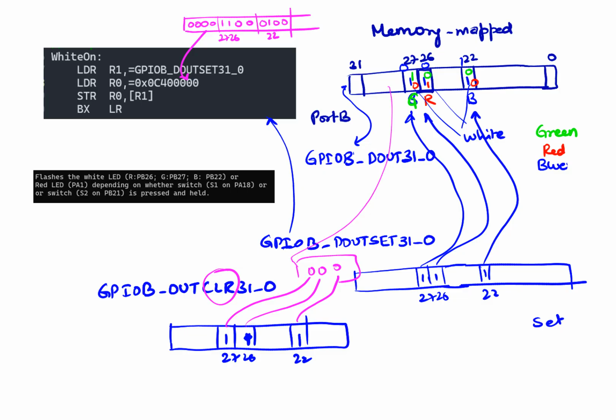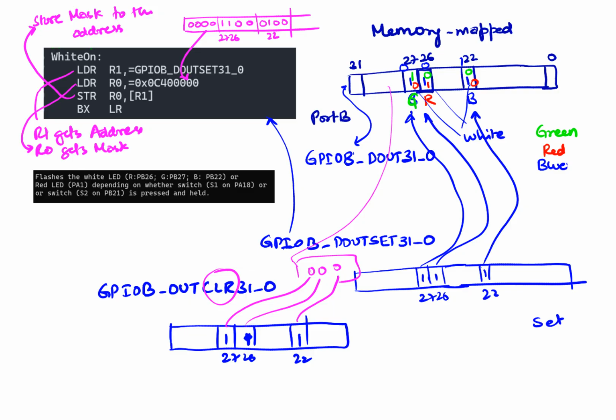So I created this mask, and I'm going to store it. The store operation is going to store it to that location. R1 gets the address, R0 gets the mask I want to write, and this third line is going to store the mask to the address.